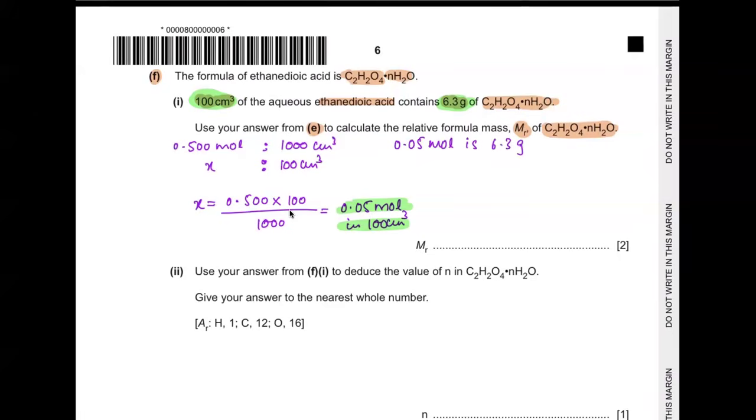If this is the case, then we can calculate the MR, since moles is equal to mass upon MR. So MR is equal to mass upon moles. Mass is 6.3 and moles are 0.05. When you divide this, you will get the MR. Can anyone tell me the answer, please?